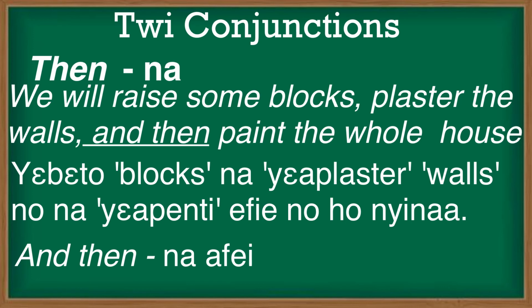In Twi, if you want to say and then, you will say na fe. You see the difference? If you want to say then, only then you say na. Na yɛ penti efie no nyina. But if you want to say and then, you say na fe yɛ penti efie no nyina.